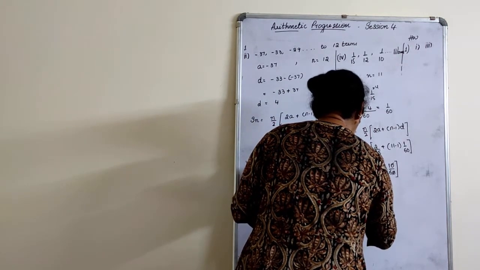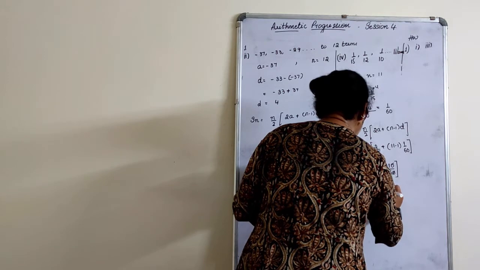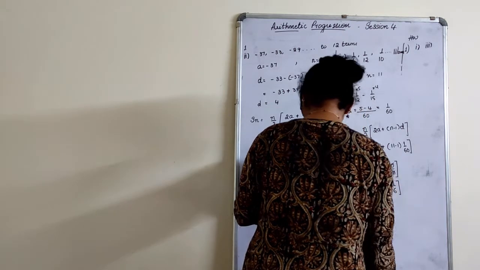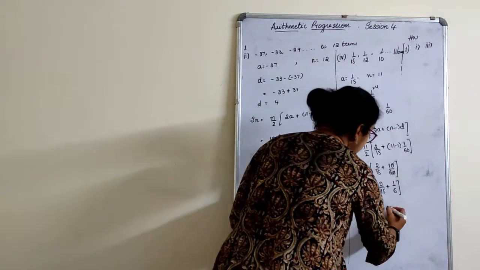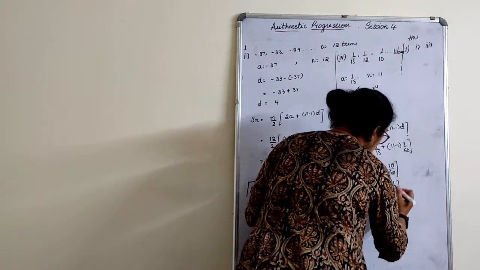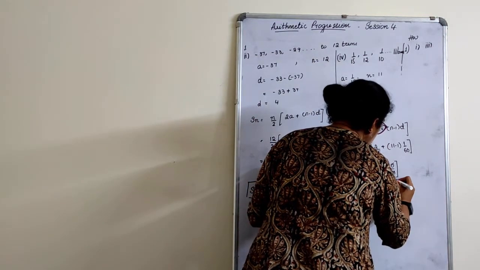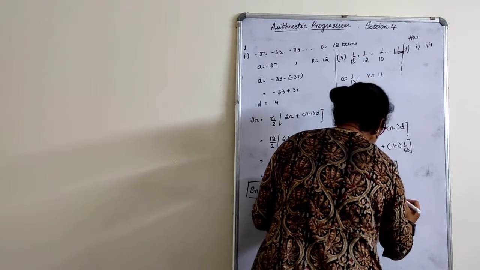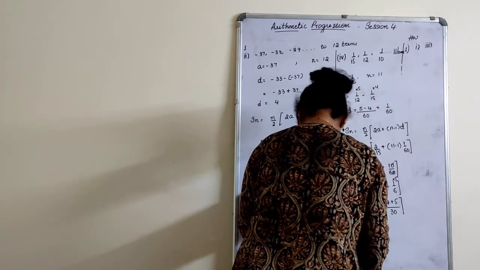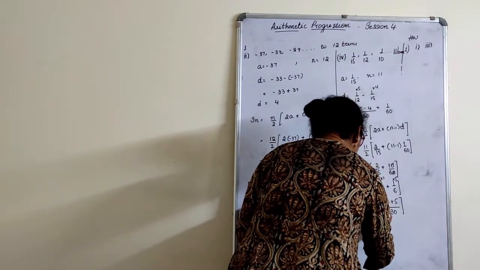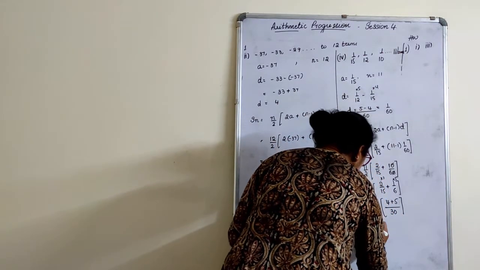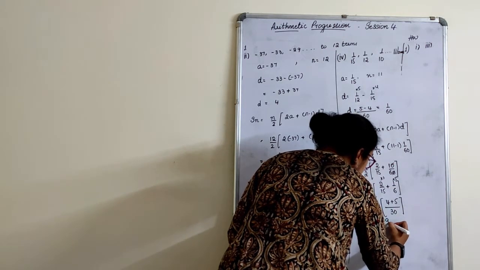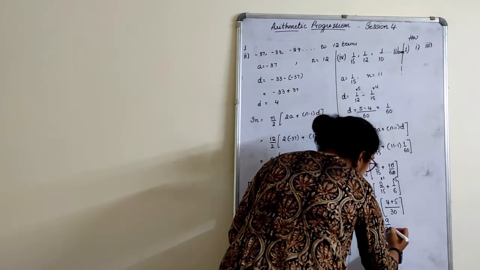11 by 2, 2 by 15 plus 1 by 6. The LCM of 15 and 6, children, is 30. So 15 2s are, 6 5s are, 2 2s are 4. 4 plus 5 is 9. So 11 by 2 into 9 by 30.